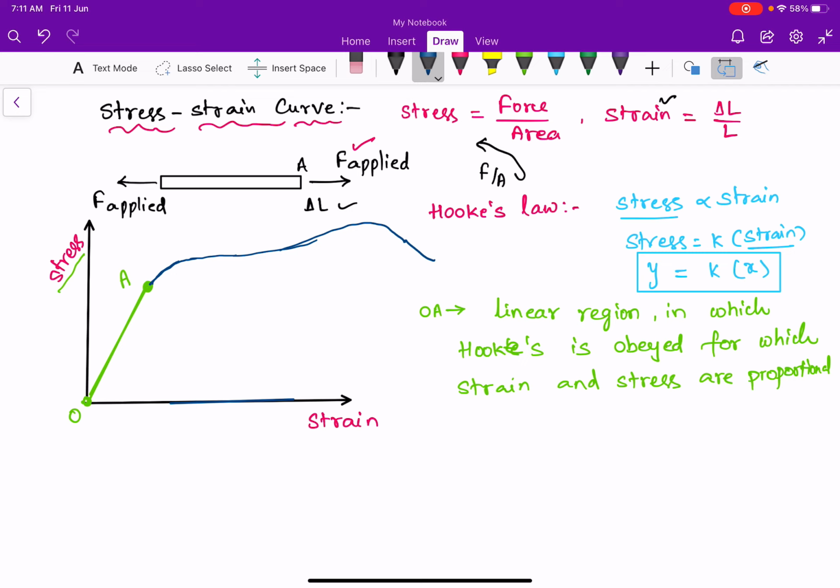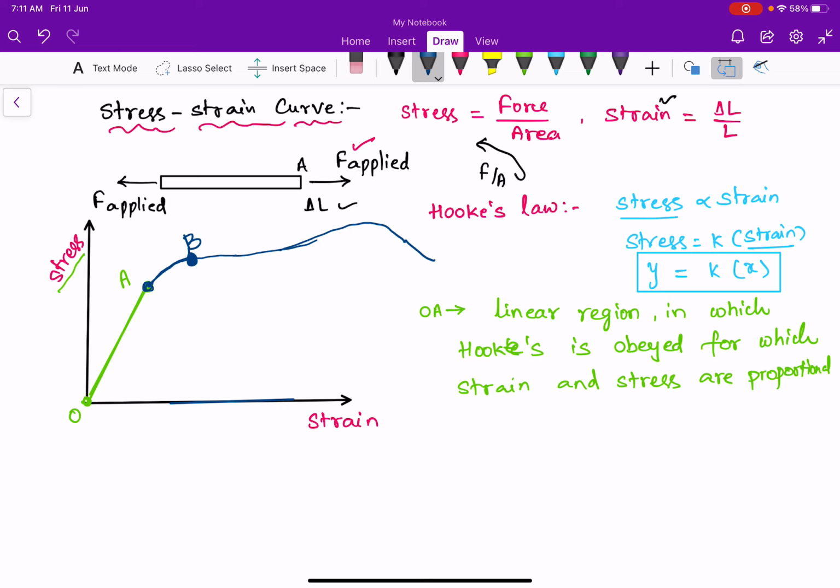Say up to a certain point B. Consider this as point B. From A to B, if you remove the applied force at point B, the body will regain its original shape and size.